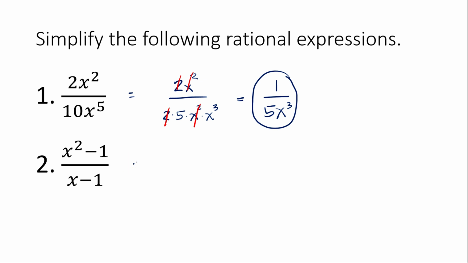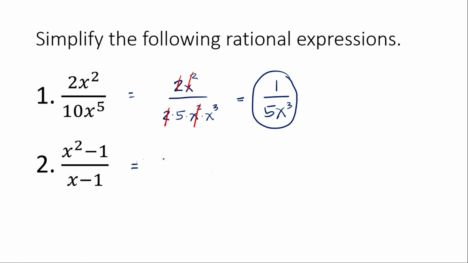Okay? Next, number 2, x squared minus 1 over x minus 1. X squared minus 1, as you can recall, is actually difference of two squares na pwede nating i-write as the sum and difference of two terms. So, we simply have to get the square root of x squared, which is x, and the square root of 1, which is 1.